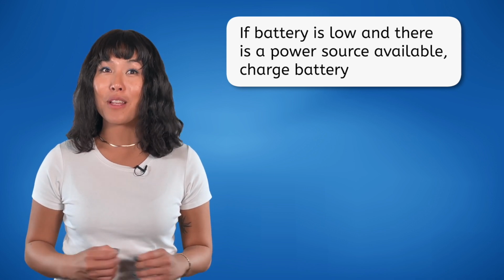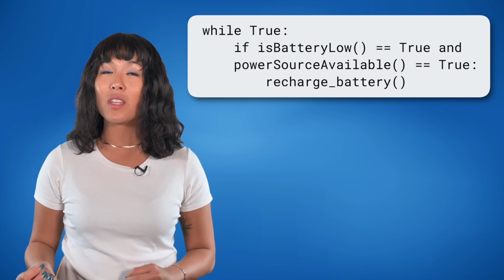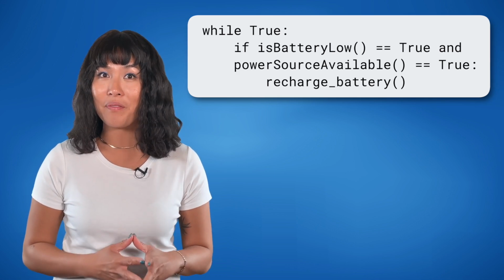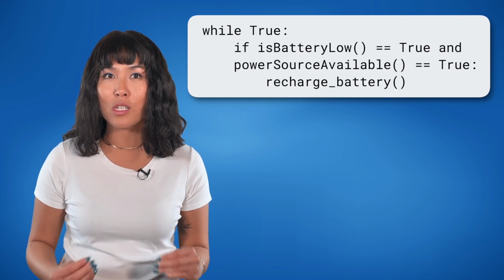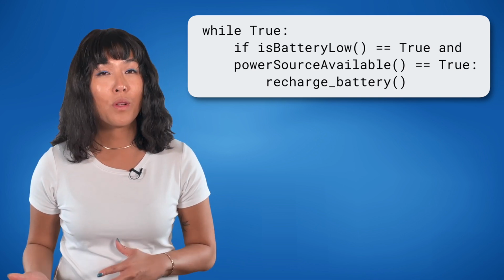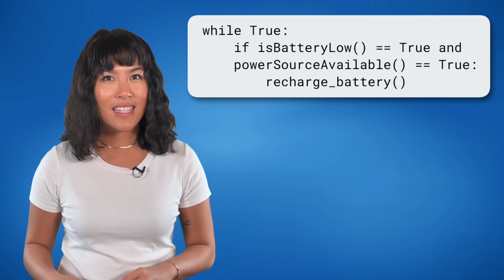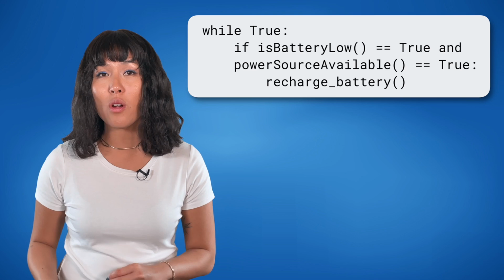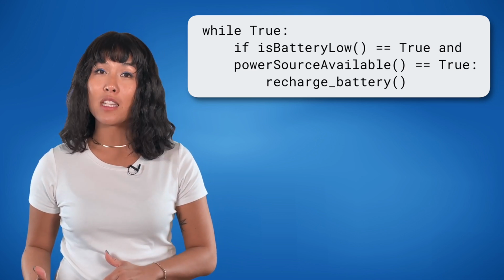I'm currently developing a program that checks if my battery is low and whether there is a power source available. If these are both true, I will continue to recharge my battery. Once the battery is no longer low, the loop will end and it will stop charging. This condition ensures that I only recharge the battery when it's low and there is enough power available to charge it.